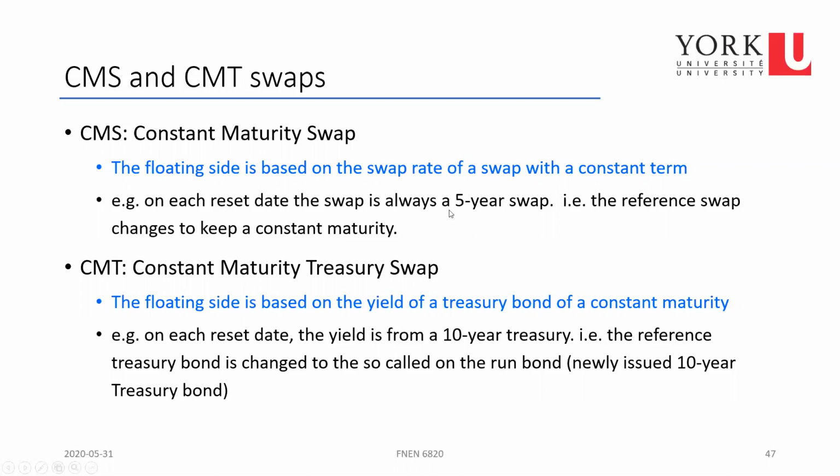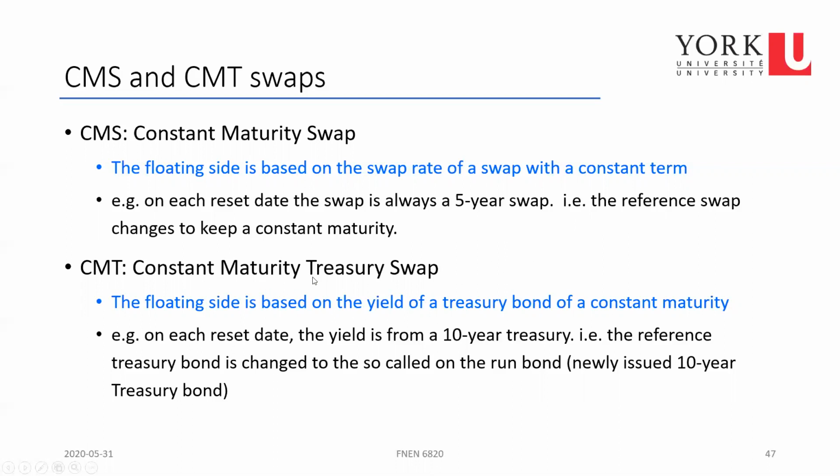So every time at the reset time, you'll always be taking the swap rate of the 5-year swap at that point in time. So the reference swap is always a 5-year swap in this example, and that swap changes from reset time to reset time. Every time you take a different swap.